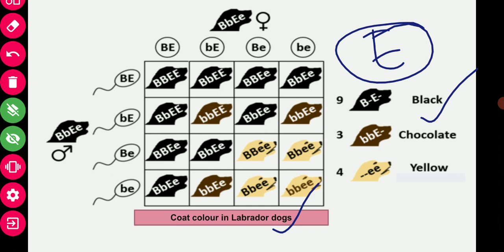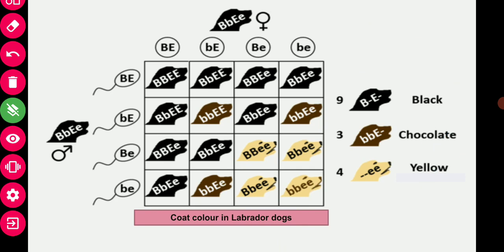If there is no capital B, that means there is no dominance at the B gene, but the E extender gene is present, then it will be chocolate color. But when the extender gene is not present in dominant position, in that case the color will be yellow. So this is the example in dogs for recessive epistasis.